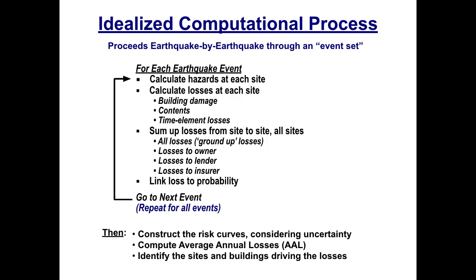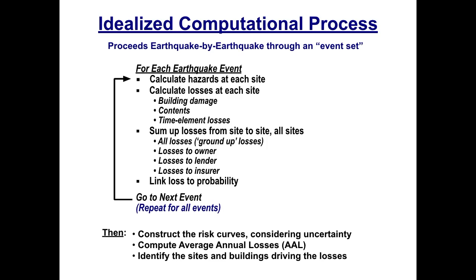And then for each earthquake, we could take the hazards that are depicted for that earthquake at each site and calculate the losses at the site for building and contents, time element losses, other things. And then those are summed up across the site and then summed from site to site over all of the sites.